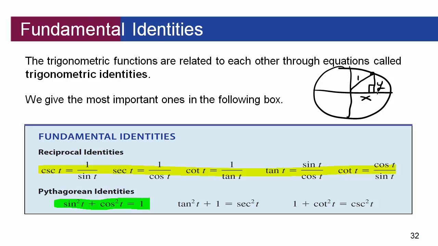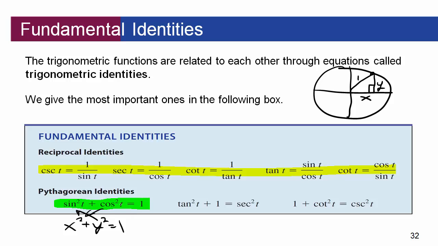I know that x squared plus y squared equals 1, because that's also the equation of the circle. But didn't we define x to be cosine and y to be sine? So this is really cosine squared plus sine squared equals 1. And that's our first Pythagorean identity, and it's really just Pythagoras' theorem. Sine squared plus cosine squared equals 1.